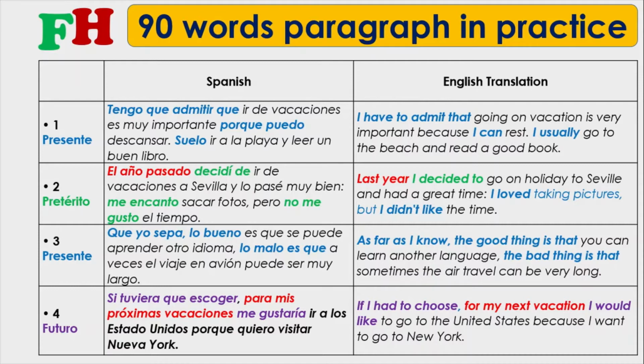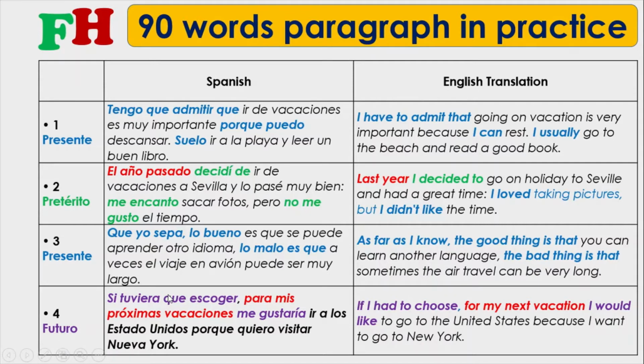And if you are going to have a look here on this side, I have got the tenses that I talked to you about. Here I have got the Spanish and this is the English translation, and I have got a couple of expressions that I've written in different colors. For example, present tense is going to be in blue, preterite is going to be in green, present tense in blue again, and future in purple.